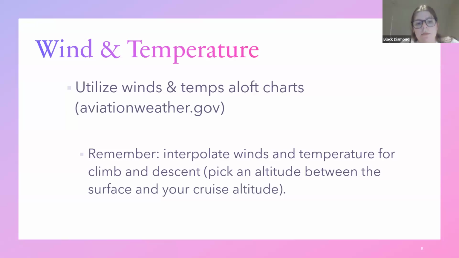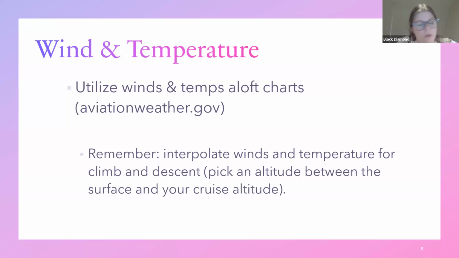I also do the same thing with my route. If I'm going from point A to point B, between two airports, and there happens to be an airport right in between on my route, I'm also going to use that for my winds and temps, if it is reporting weather.